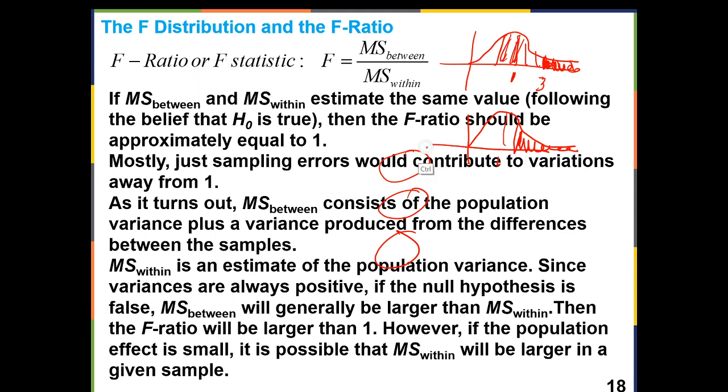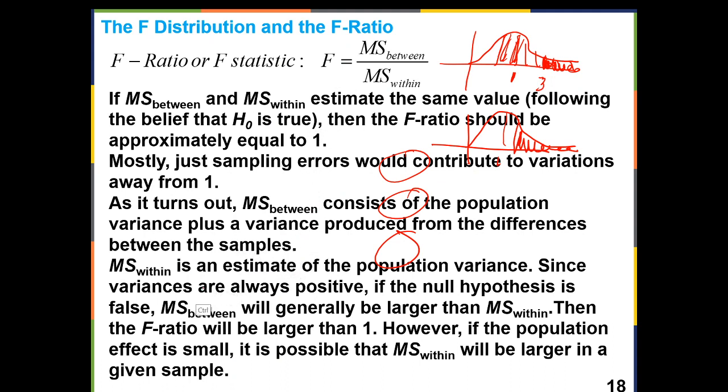But if there are differences, then MS between, which is in the numerator, is going to be bigger than MS within. Then we calculate that F, figure out the p-value, and reject, right?